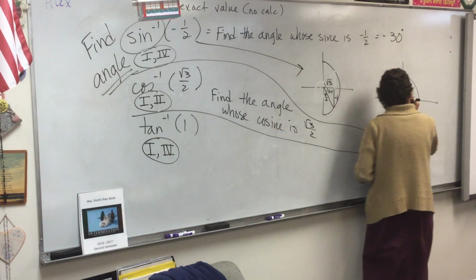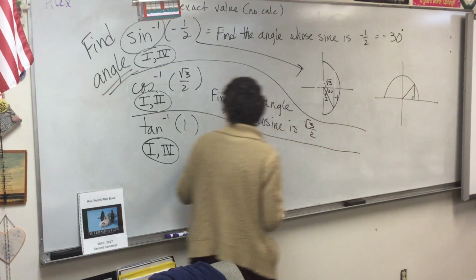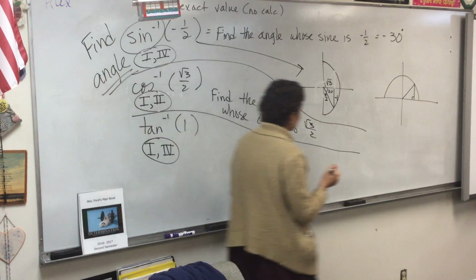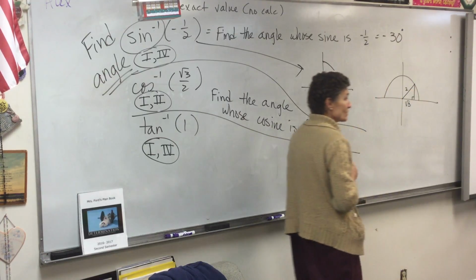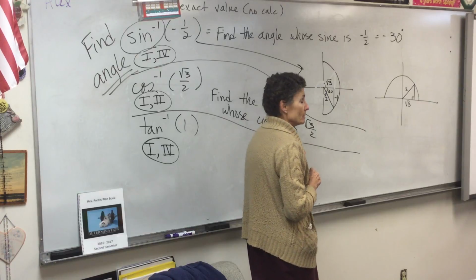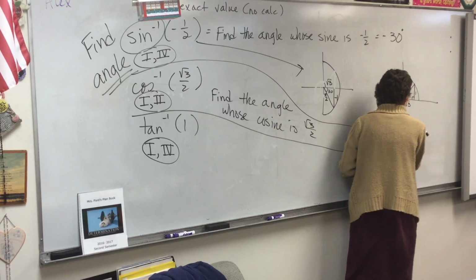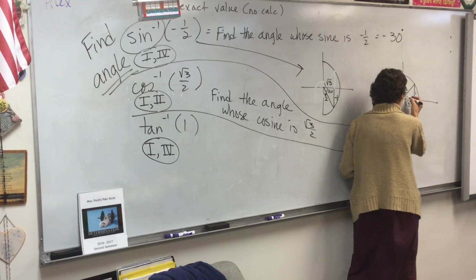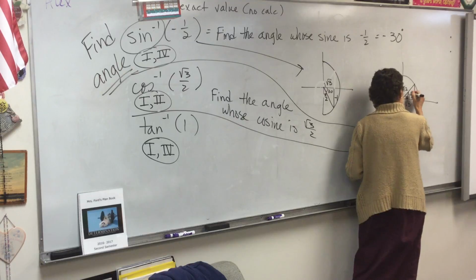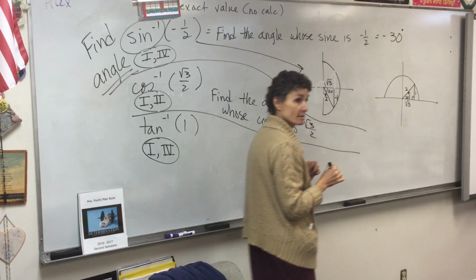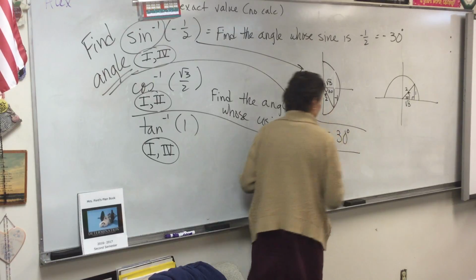So I'm going to draw my triangle in quadrant 1. It says the cosine is √3/2. Don't have to worry about any negatives. So this side would be 1. And again, your angle is 30. And this time, the answer is just 30. So the answer to the problem is 30 degrees.